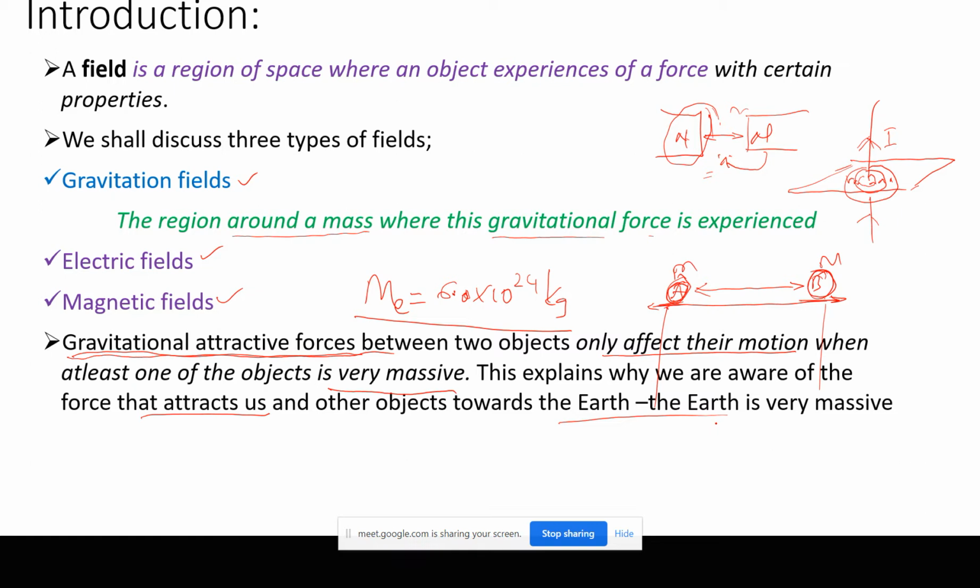Of course, this could seem surprising, because I have just shown you that if you have two small objects on a table and there is a force of attraction between them, you may not see the objects moving towards each other.